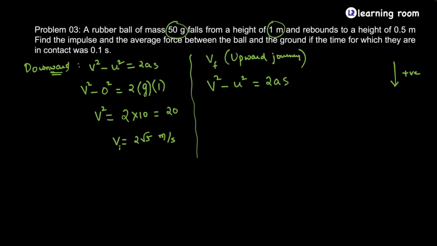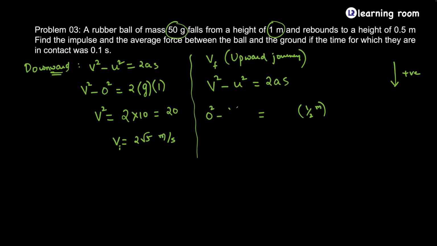So during the upward journey, after it has traveled a distance of half meter, that is 0.5 meter, what is going to be the velocity of that object at that point? After it has traveled to maximum height, its velocity is going to be 0. So 0 square minus, listen to this carefully, the initial velocity with which the object is getting rebounded is going to be the final velocity after the collision.